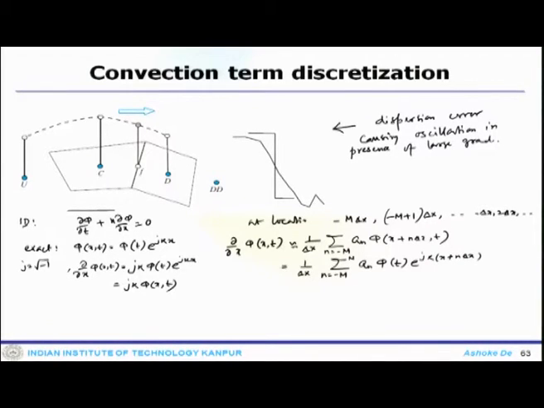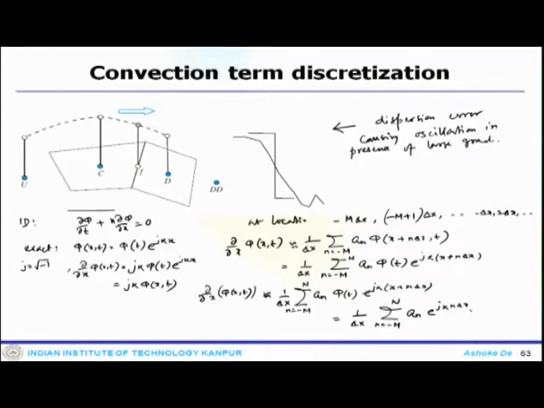Now, we substitute the assumed solution, and it becomes del x of phi(x,t) equivalent to 1 by delta x summation of n minus m to n, a_n phi(t) e to the power j k (x plus n delta x), which one can write as 1 by delta x summation of n equals minus m to n, a_n e to the power j k n delta x phi(x,t).